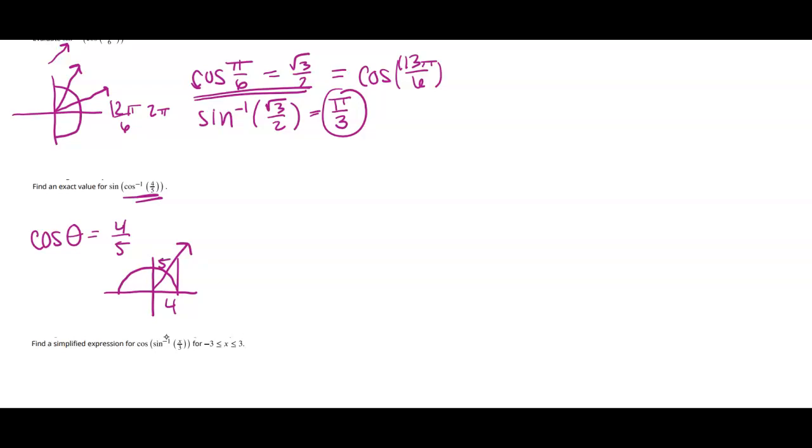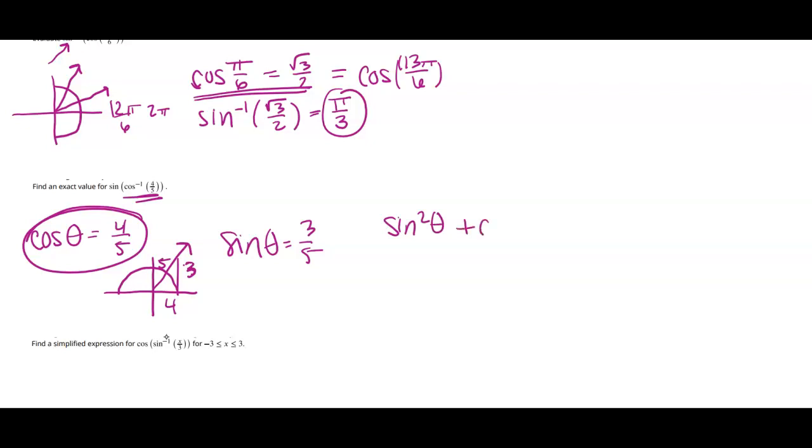If you use this method here, it's actually pretty simple to then see that this is 3. And so the sine of that same theta angle is 3 over 5.